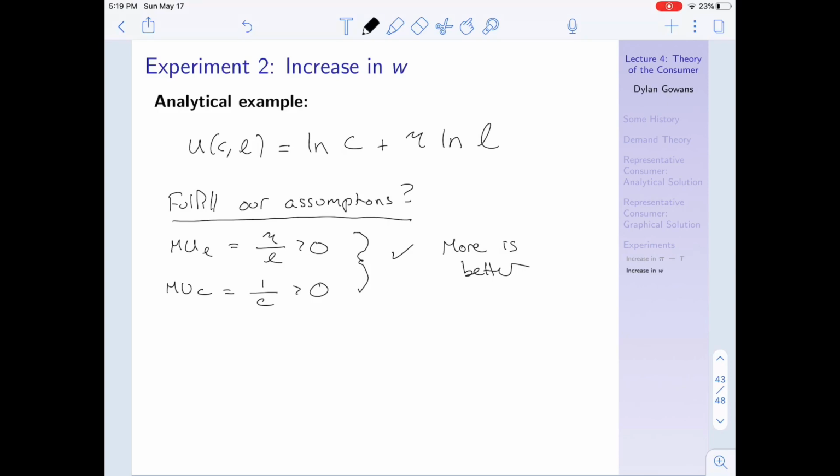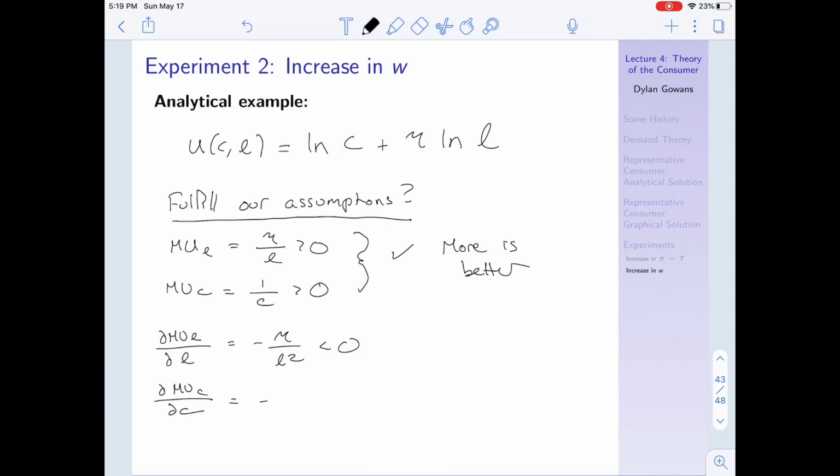Okay, what about our next assumption, which is diminishing marginal utility? So now we need that the derivative of each marginal utility with respect to its argument, we need those to be negative. So let's see. The derivative of MUL with respect to L is just going to be equal to negative eta over L squared, which is negative.